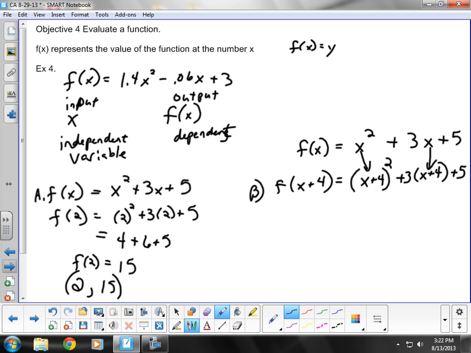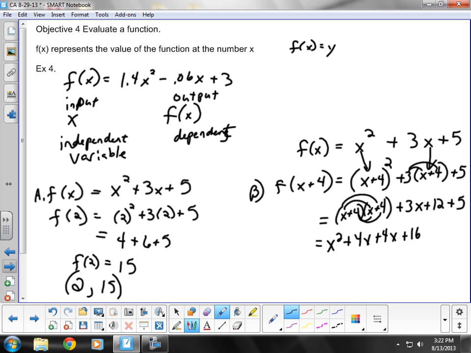And then you just go through here and actually do the algebra to work this out. X plus 4 squared, remember, means x plus 4 times x plus 4. And 3 times x plus 4, remember, I can do the distributive property and get 3x plus 12. And I've got plus 5 just hanging on out there, don't forget it. So now doing the full multiplication, I've got x squared plus 4x plus another 4x plus 16.